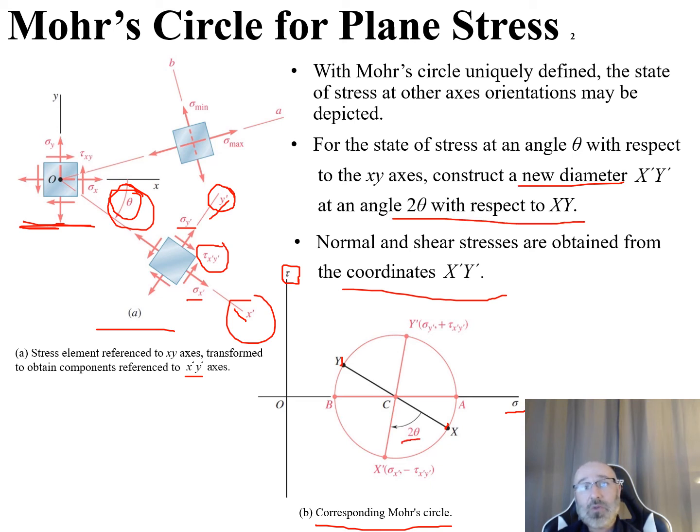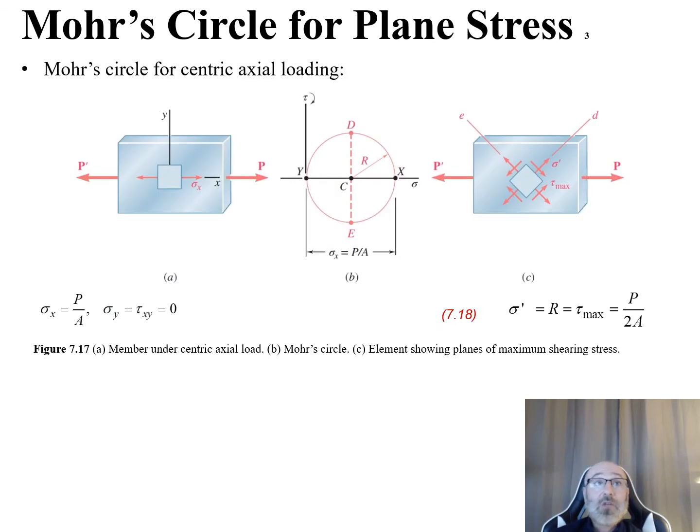Each of these points from our X prime, Y prime diameter, we can correlate back to our sigma and our tau directions. Those are the coordinates corresponding to the sigma and tau coordinate systems we're using for Mohr's circle shown in this diagram.